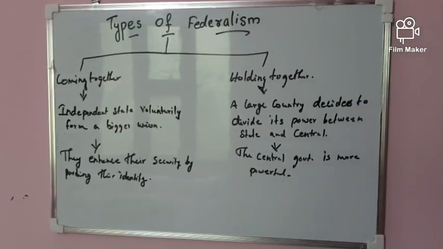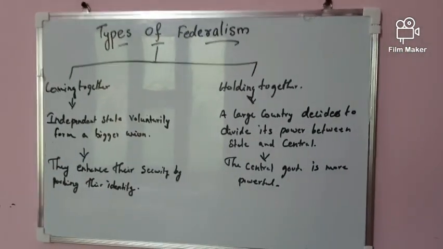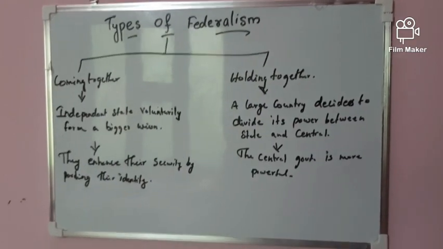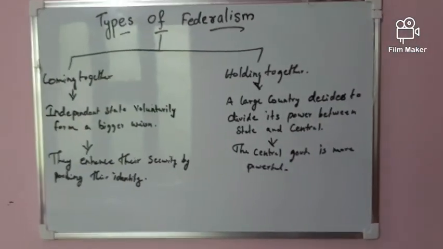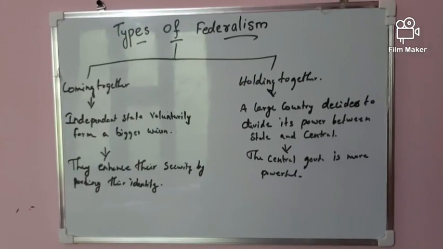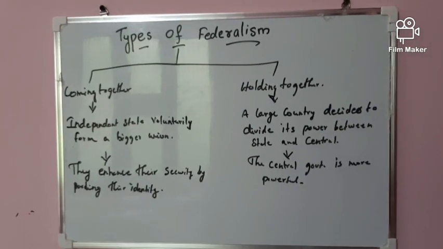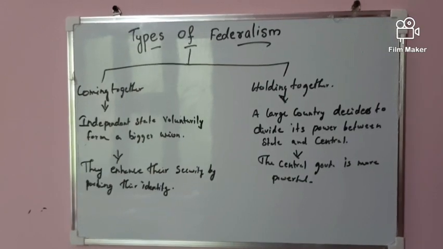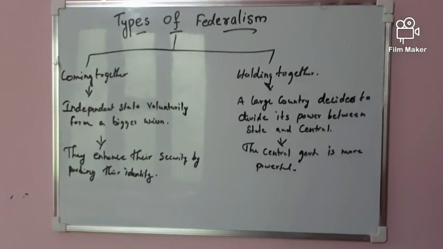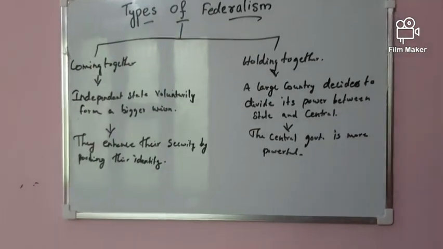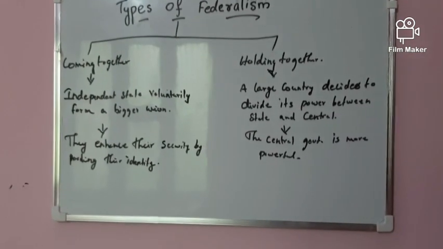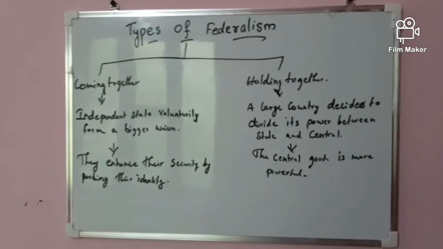As I told you, the types of federalism are coming together federation and holding together federation. Coming together federation is independent states voluntarily forming a bigger union. But in holding together, it is a large country and they decide that they can't maintain it by their own, so they divide the powers between the state and the central government.